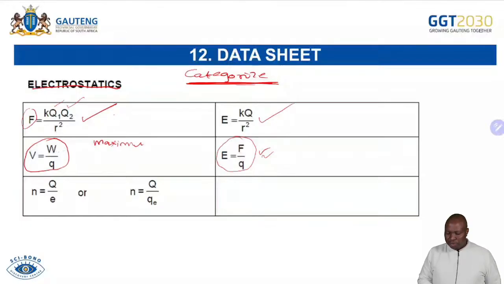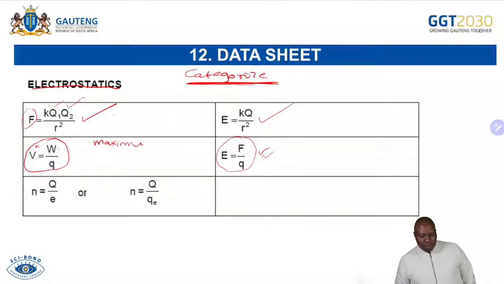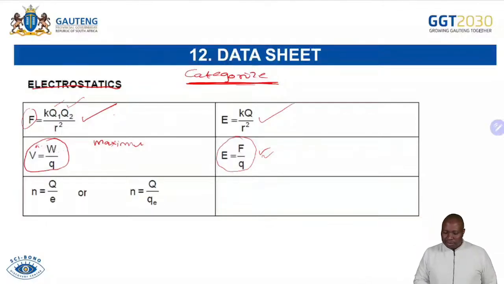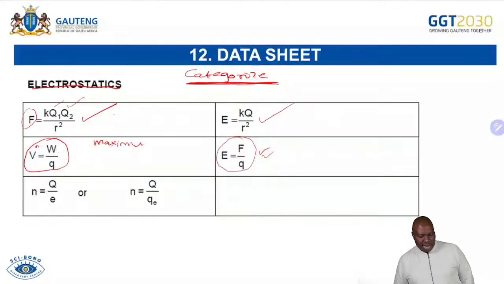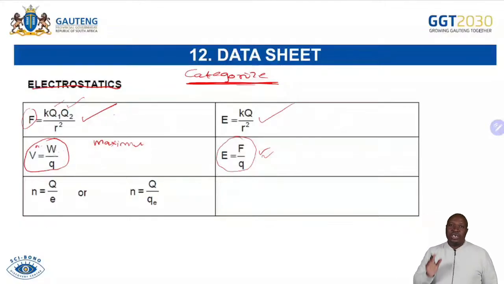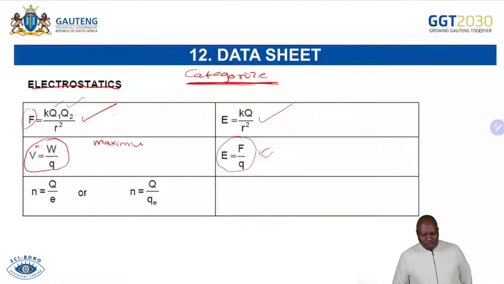So you're just putting maximum there to say this is the maximum energy supplied by the battery per unit positive charge. You can define EMF, but this is the definition of potential difference as well. So you know that the datasheet has a lot of information that is very valuable for you.